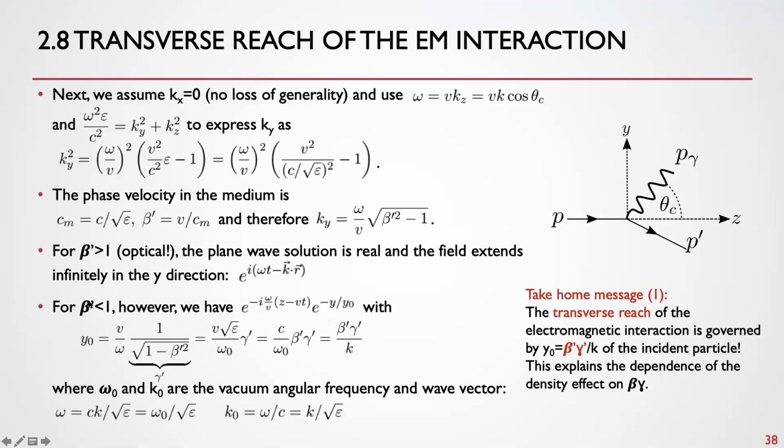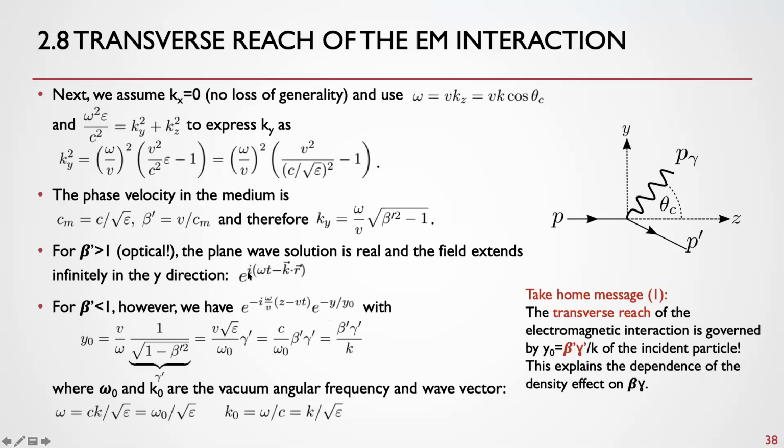So to repeat, what have we found? For beta prime larger than 1, which is possible if the particle travels with a speed larger than the speed of light in the medium, now we have a plane wave solution that's real, and the field extends indefinitely in the y direction.